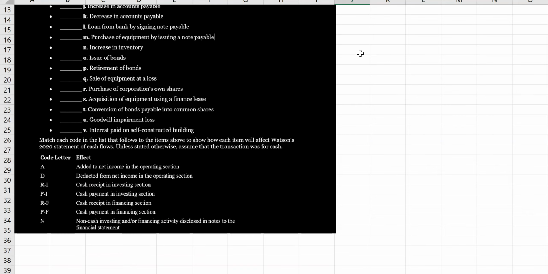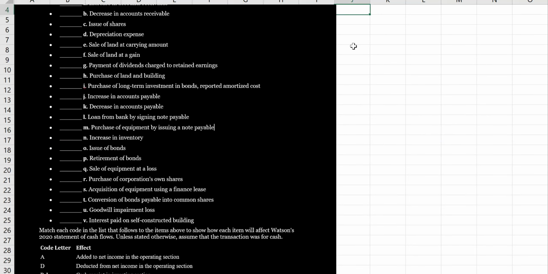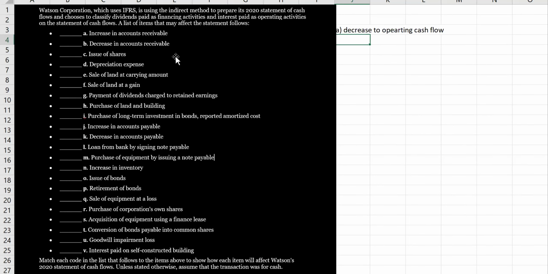Okay, we won't worry about the codes. Let's just label them more intuitively than that. So a decrease in accounts receivable means that we collected more cash from our customers than we had in our financial statements. So this is going to be an increase in operating cash flow.